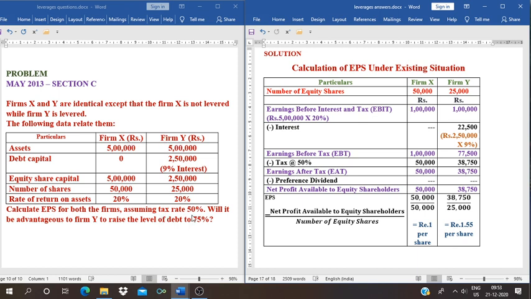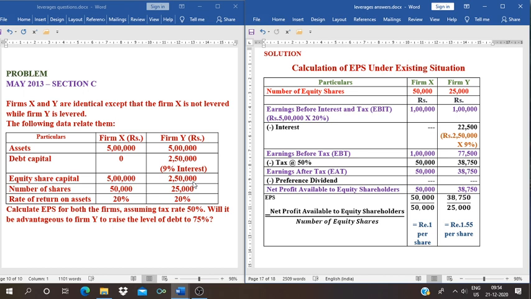Assuming a tax rate of 50%, will it be advantageous to firm Y to raise the level of debt to 75%? See here, as I told, the total capital of firm Y is 5 lakh. In that 5 lakhs, 2,50,000 is debentures and 2,50,000 is equity share capital, meaning 50% debt capital and 50% equity share capital.